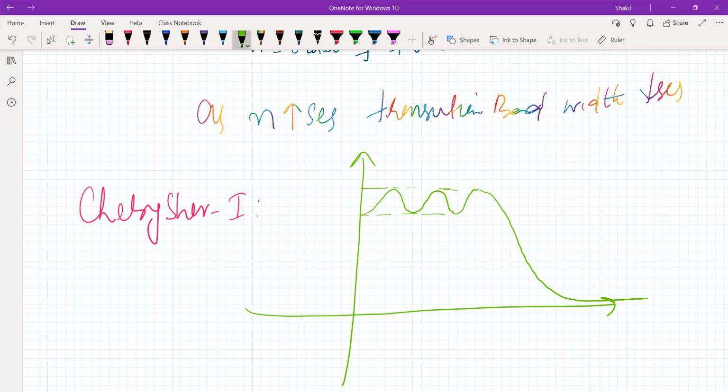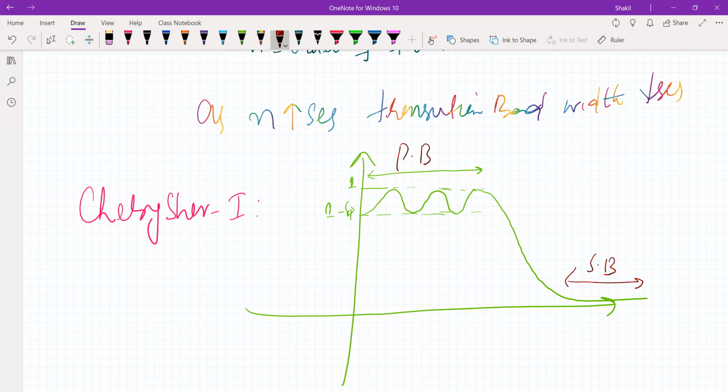This filter allows a ripple in the pass band. If I say this is 1, then this will be 1 minus delta p, so delta p means the decrease. This allows the magnitude to vary between 1 and 1 minus delta p in the pass band, which means it allows a small variation in the pass band, and the stop band is flat.